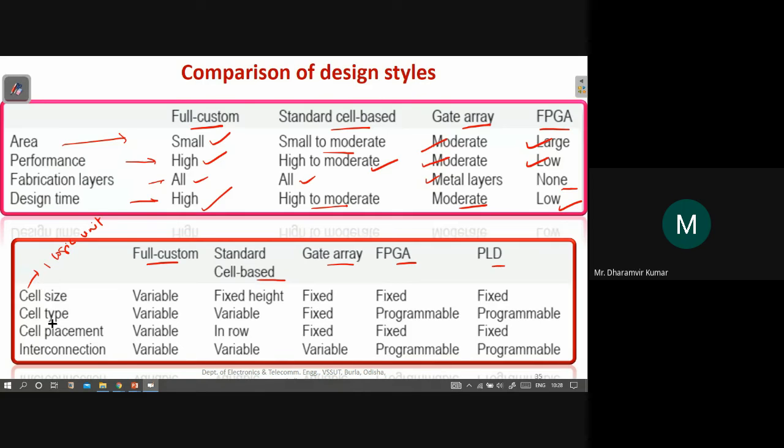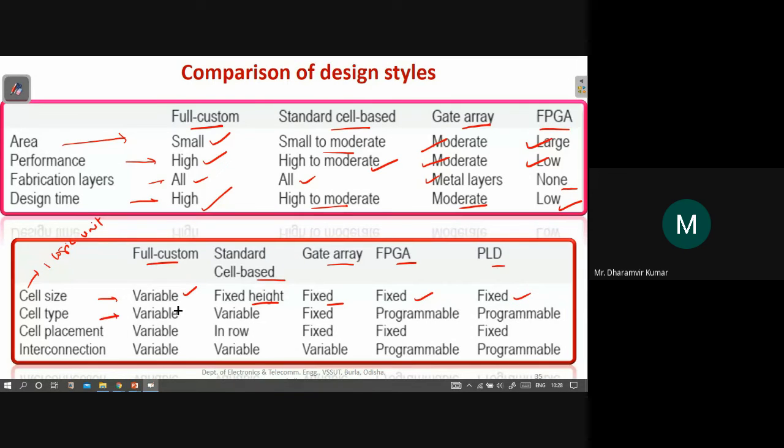The size of these cells can be variable in full custom. But in standard cell based design it's fixed because the library is there. The size is fixed for each of those gates. We cannot change those sizes. It's again fixed in gate array because the transistors are prefabricated. In FPGA also it is prefabricated. It is also fixed. In PLD it's also fixed.